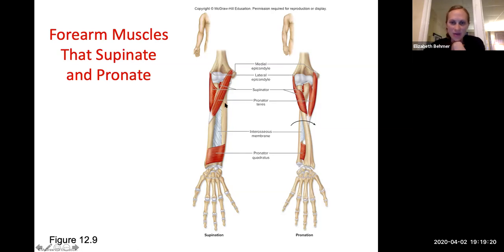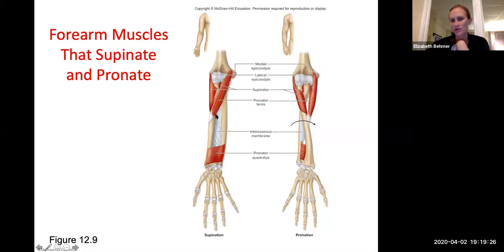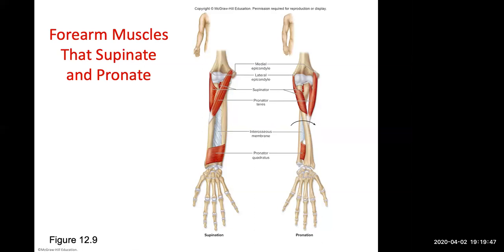You can see how the pronator teres will pull on his radius and switch his radius over, or pull the radius over the ulna. So those are the pronators and supinator muscles. Pronator teres and supinator are on your lab list. I can't remember if pronator quadratus is, but pronator quadratus is on the inferior side, closer down at the bottom.